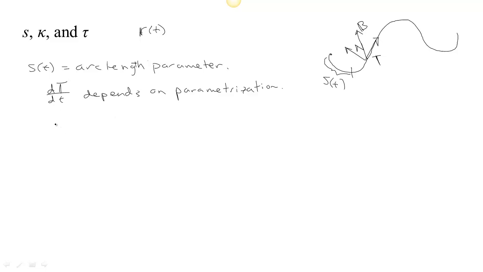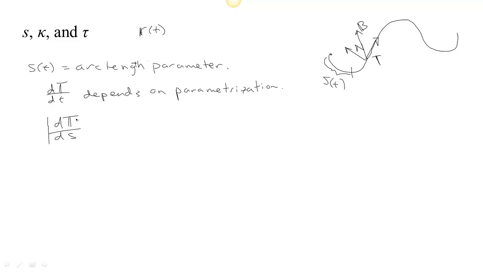So what we'll do is, instead of looking at how the unit tangent changes with time, we'll look at how the unit tangent changes with distance traveled. So we'll be interested in dT/ds. Now this will be a nice measure. This has both a magnitude and a direction. Now the direction, because this points in the same direction as the unit normal, is perpendicular to the curve.